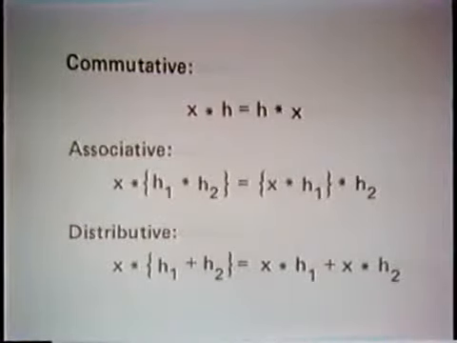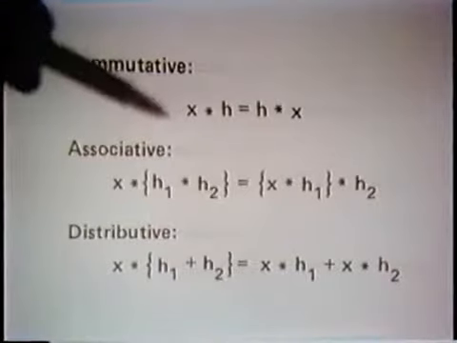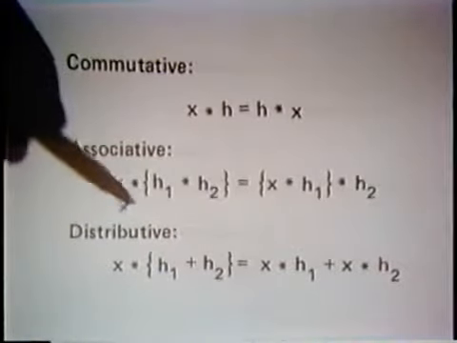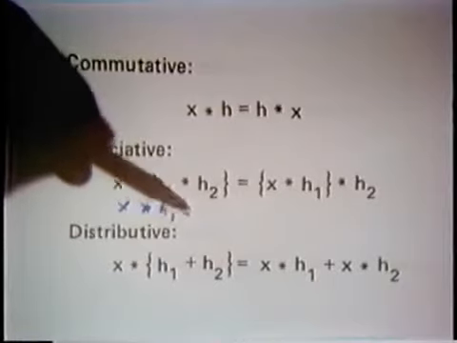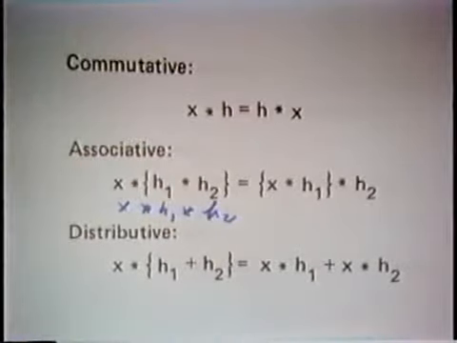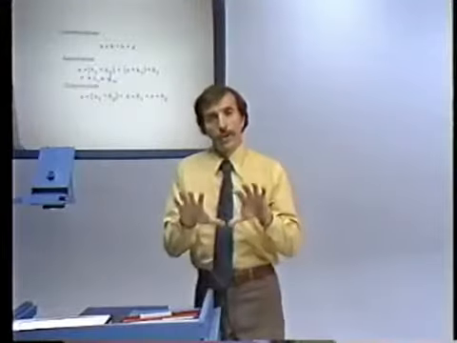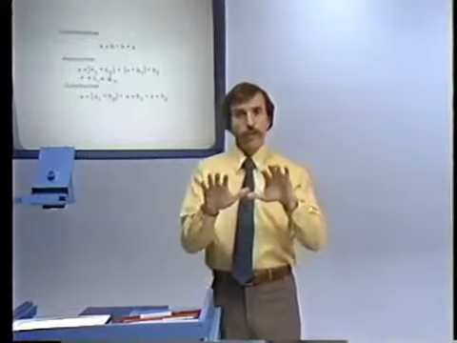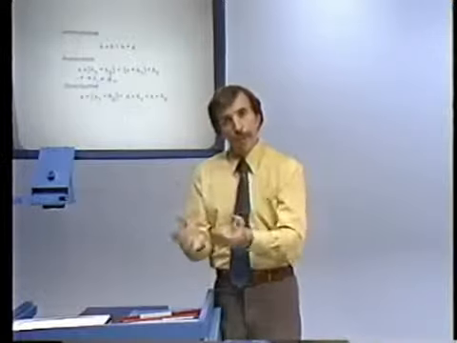And what this permits is for us to write, for example, x convolved with h1 convolved with h2 without any ambiguity, because it doesn't matter from the associative property how we group the terms together.